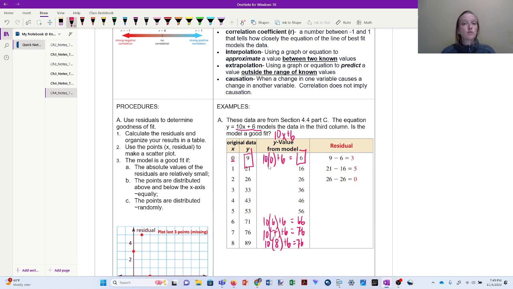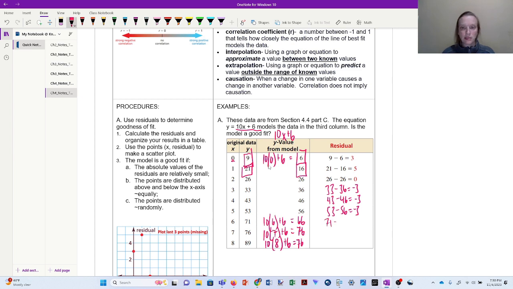We always subtract in that order, the true y value minus the model y value, because the positives and negatives are going to be important. I've done the first 3 here, but just continuing the pattern, I have 33 minus 36, which is negative 3. I have 43 minus 46, which is also negative 3. I have 53 minus 56, which is also negative 3.